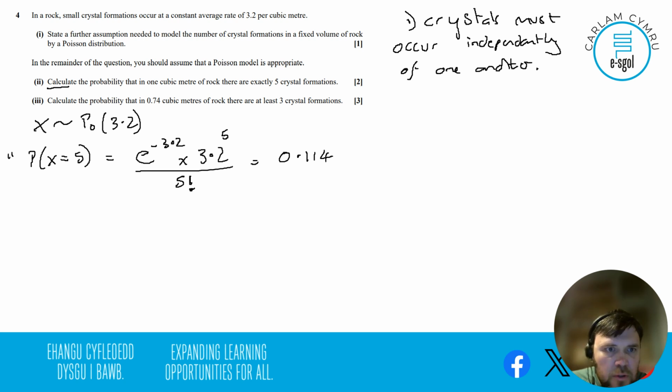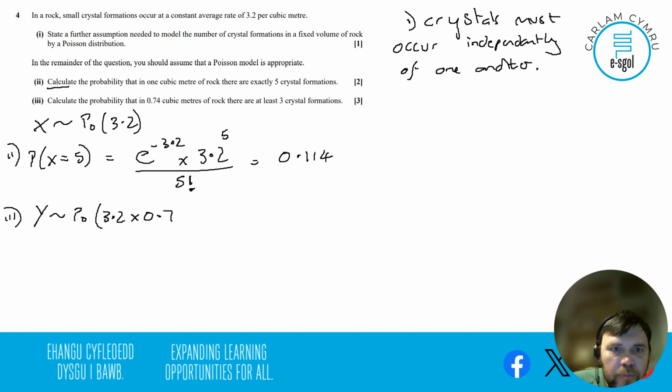That's part 2. Part 3, calculate the probability that in 0.74 cubic meters of rock there are at least 3 crystal formations. So here we're going to put it as Y belongs to the Poisson, and this time we're going to do 3.2 times 0.74 because our average has changed. So then this is going to be 2.368.